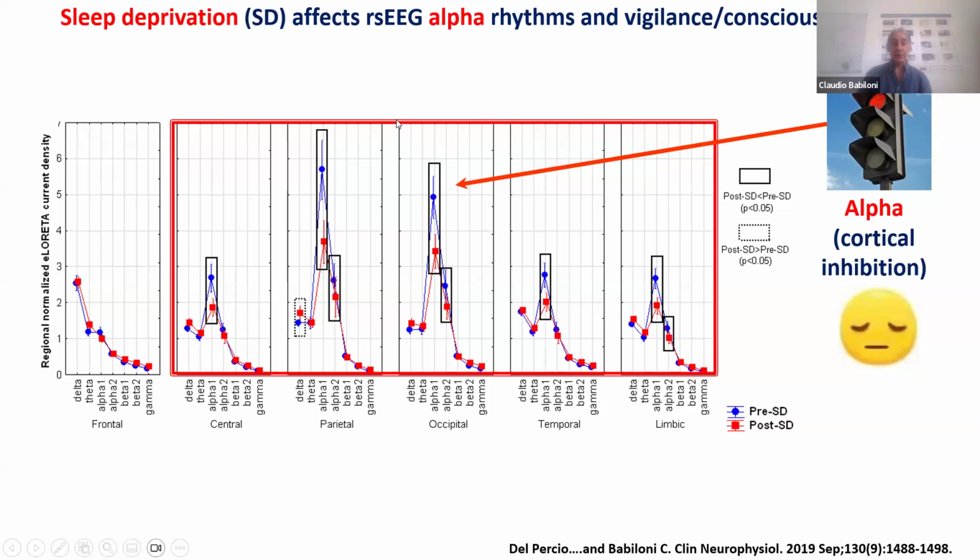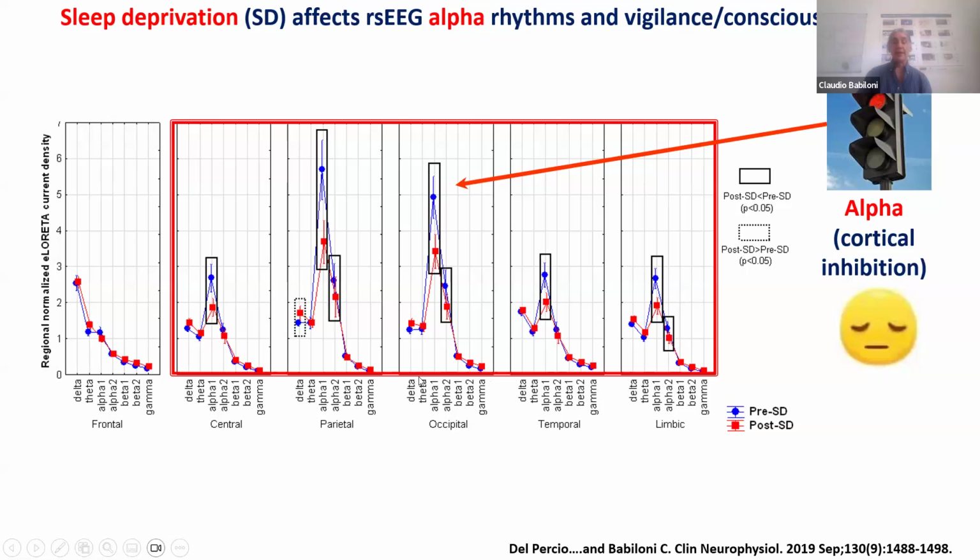The results are shown in the picture, in which the vertical axis in each rectangle represents the activity of the cortical sources.